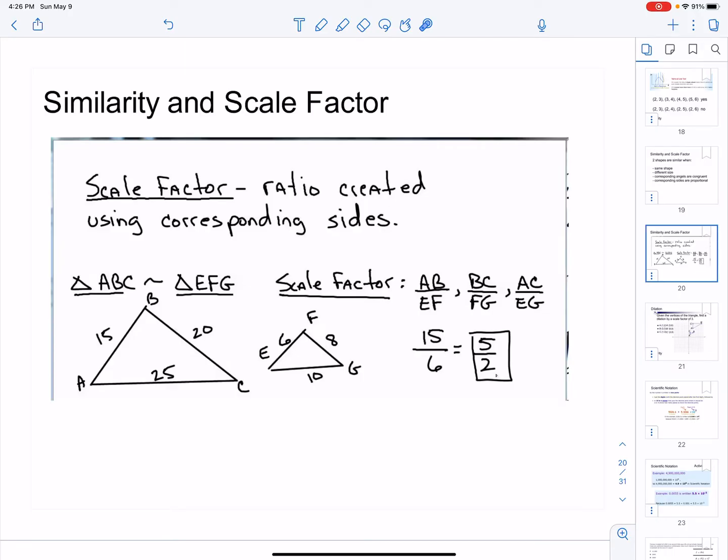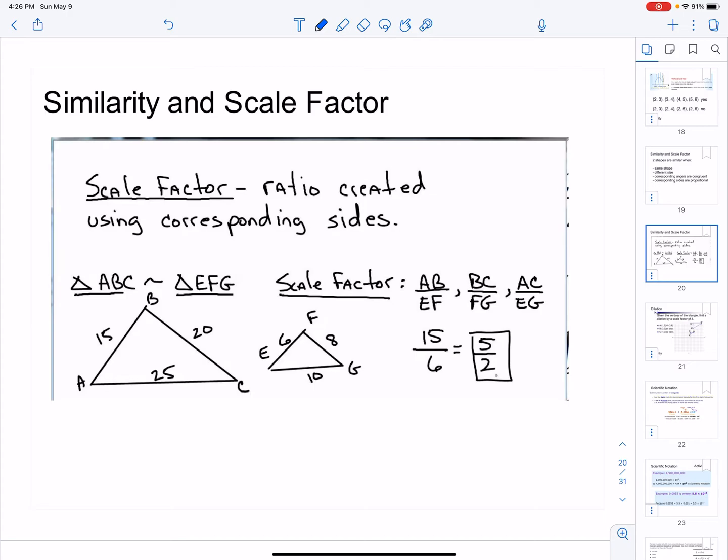Okay, scale factor. If they talk about scale factor, what is the scale factor going from one to another? If I'm looking for the scale factor from ABC to EFG, then we would actually do it backwards. Okay, so if I'm going from big to little, then we know that we've got to have a fraction that's going to be less than 1. If we go from little to big, we got to have a scale factor greater than 1.